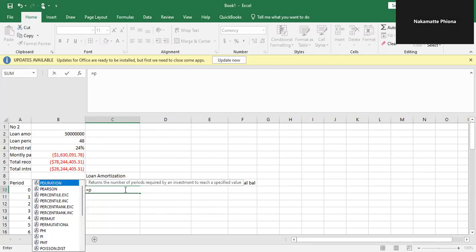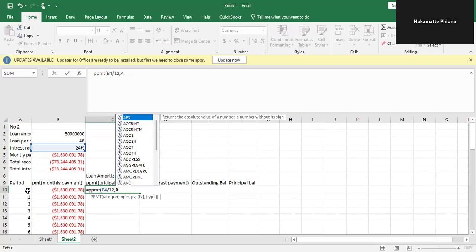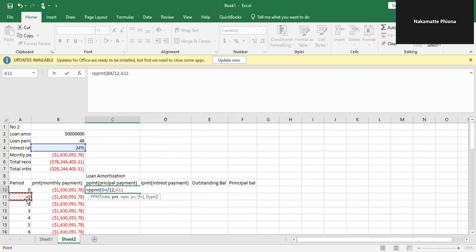So equals PPMT, open brackets. Rate is here over 12, comma, period is here, comma, 0, 0.